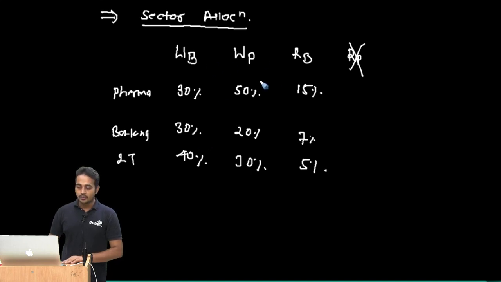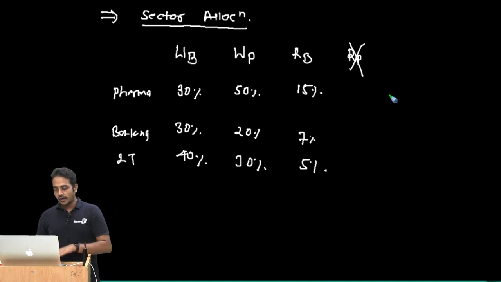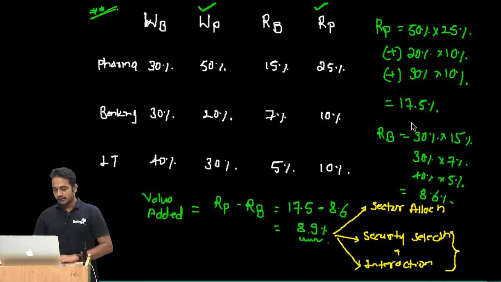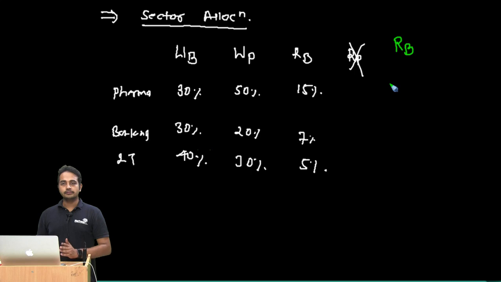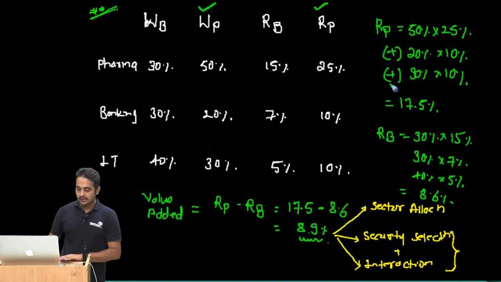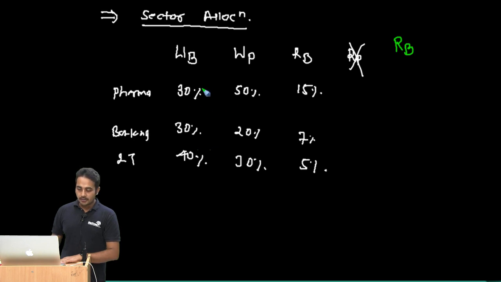We just allow him to change the weights. So you just plot this data and you again do the same calculation. Which two calculations? You calculate return on the benchmark. Now return on the benchmark here and here, they are not going to be different, isn't it? Because at the end of the day you are going to use the same data.